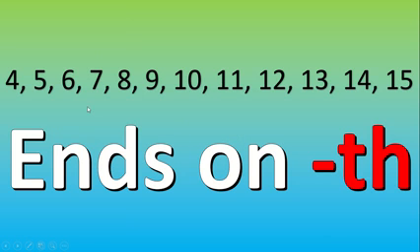The rest of the number names, 4 to 15, as we discussed today, end on a th. So it's 4th, 5th, 6th, 7th, 8th, 9th, 10th, 11th, 12th, 13th, 14th, 15th. They end on a th.